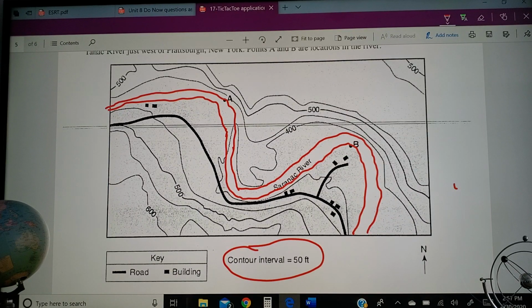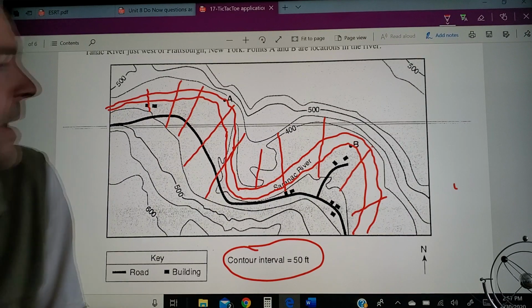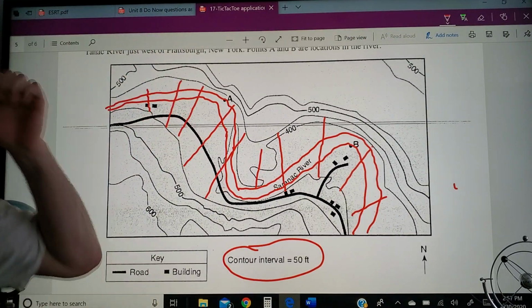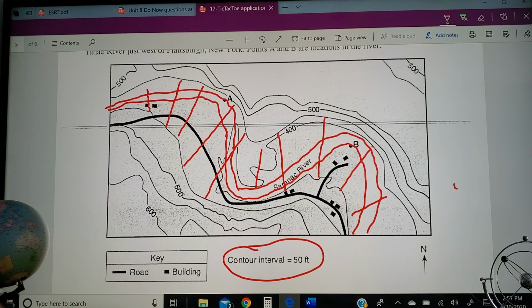So it looks like 450 would go from here to here, like so. And once again, I would not recommend buying a house in a floodplain region. Okay, that would definitely be a bad place to buy a house.